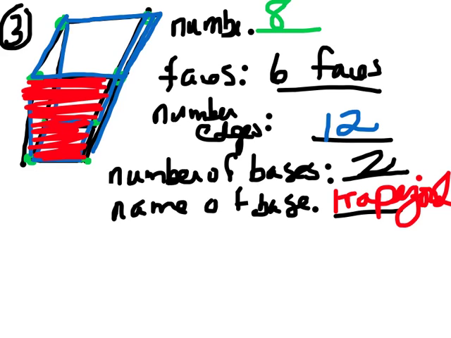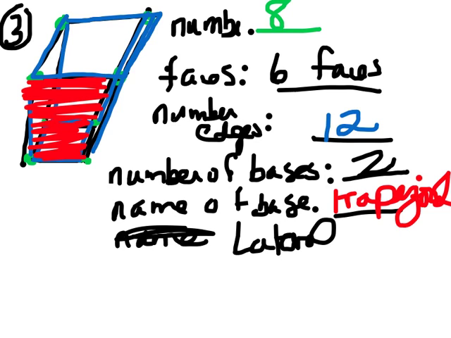And then, let's see, so number of lateral faces, that means everything but the base. We know there were 6 altogether, there's 2 bases, so lateral faces, there's 4 of them, right? And that would be easy to figure out because a trapezoid has 4 sides, so you know it's going to be 4.